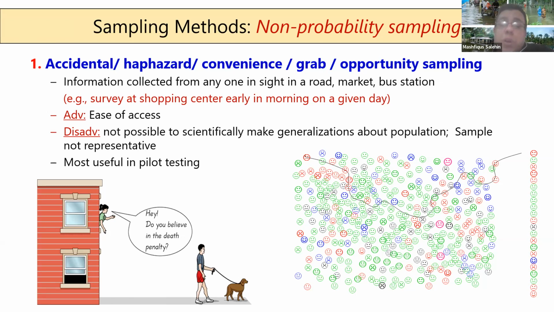Those are the kind of things that you'd want to test before you go for your formal questionnaire survey. So in that case, it's a priority that you do your pilot testing. Those would be your convenience or opportunity sampling.